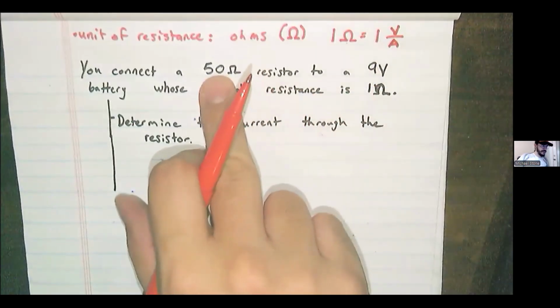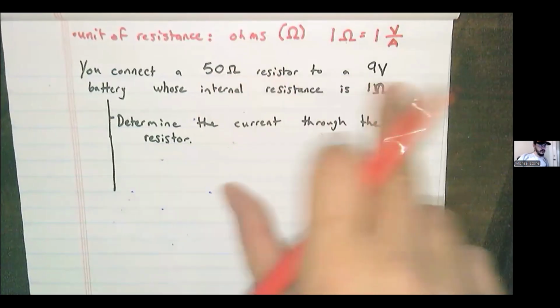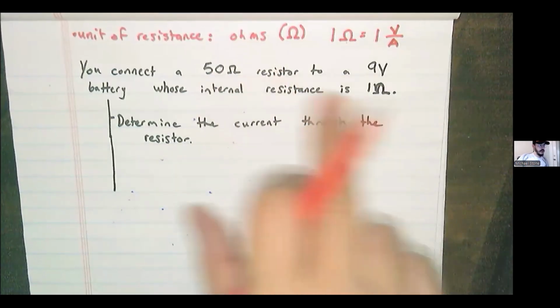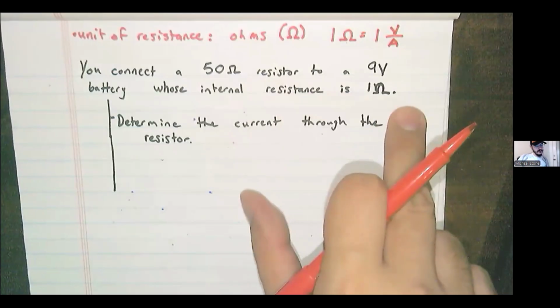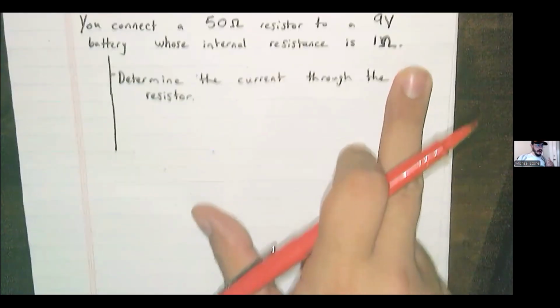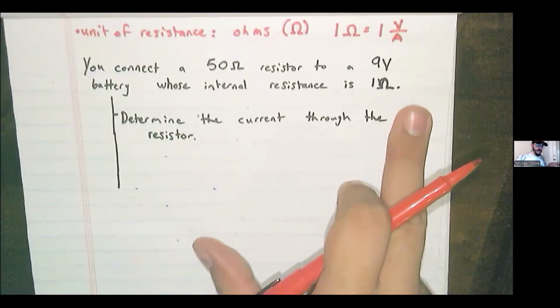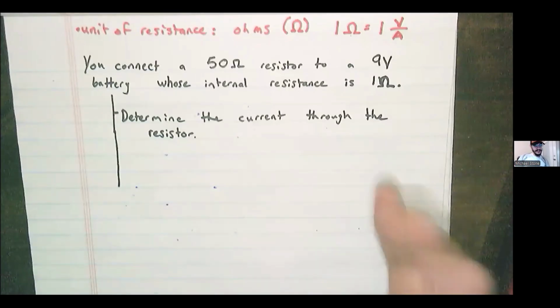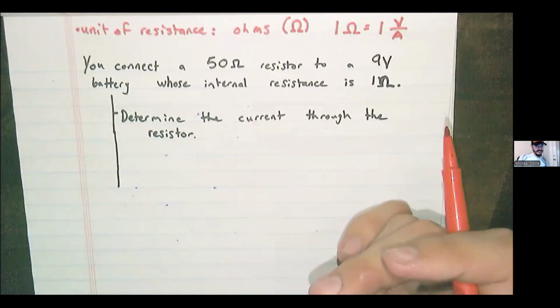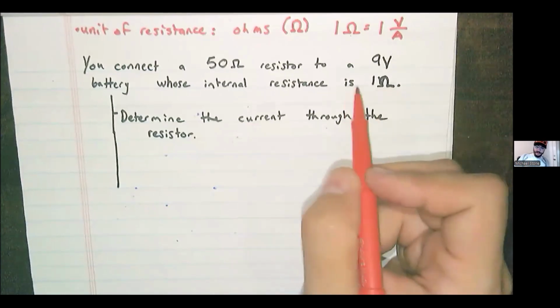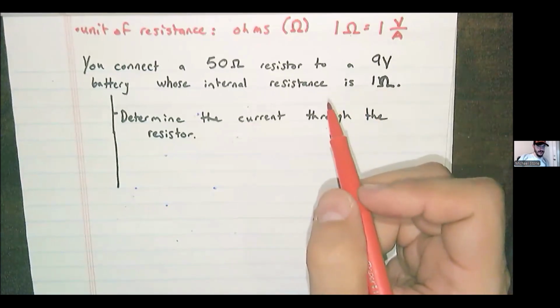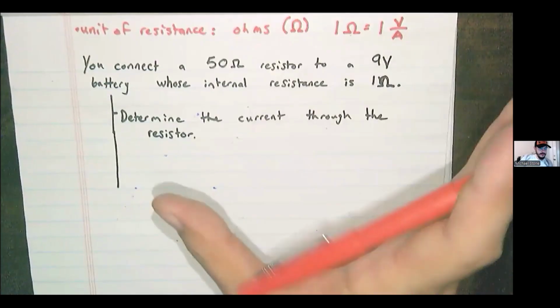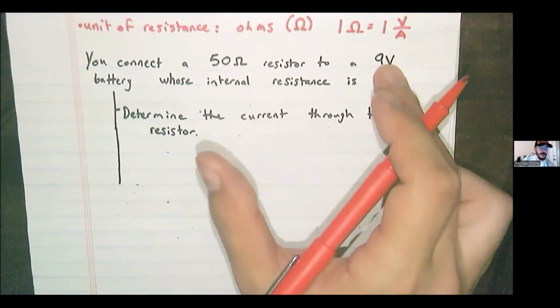So now that that's cleared up, a 50 ohm resistor to a 9 volt battery, and the battery has an internal resistance. Now, for an ideal battery, we often just neglect to think about the internal resistance, but a real battery does have some resistance to flow because it's made out of stuff. Anyway, here's how you would work with that.